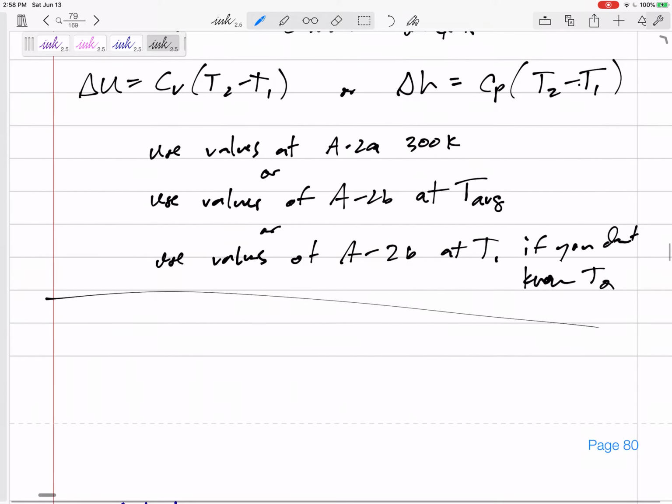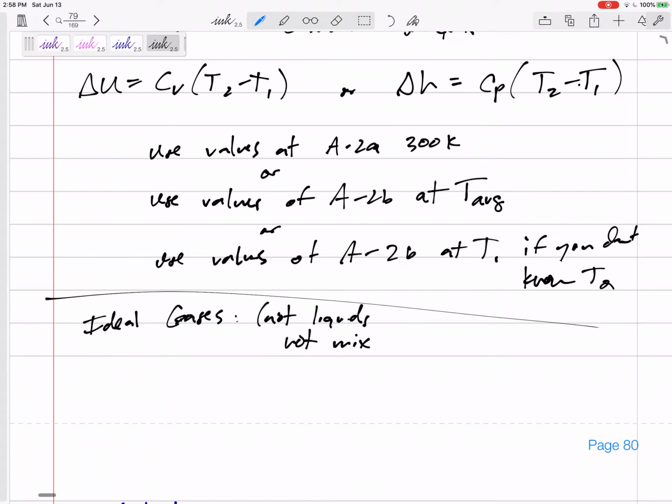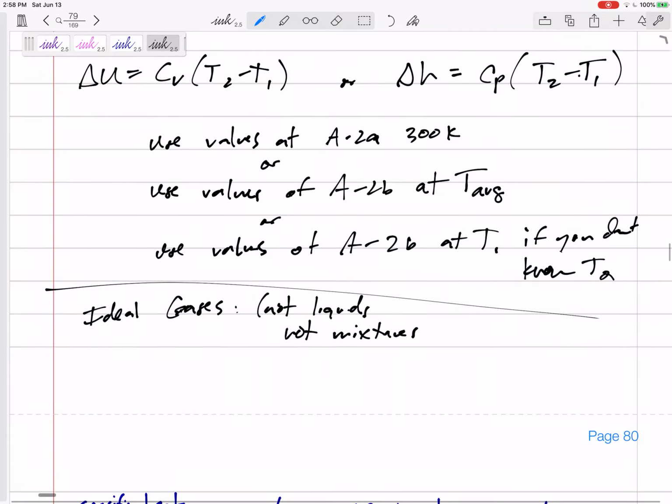One side note, because this comes up in a lot of these equations. If we want T1 and T2, for ideal gases, not liquids, not mixtures, we mentioned this before, but P1 V1 over T1 equals P2 V2 over T2.